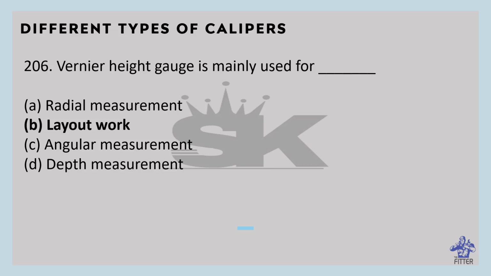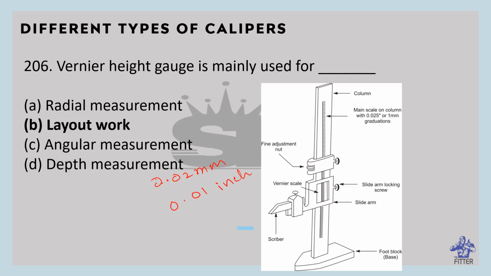The lower side of the base is hardened, ground, and lapped. A vernier height gauge can measure with a least count of 0.02 mm in metric and 0.01 inch in the British system. So this is the height gauge.